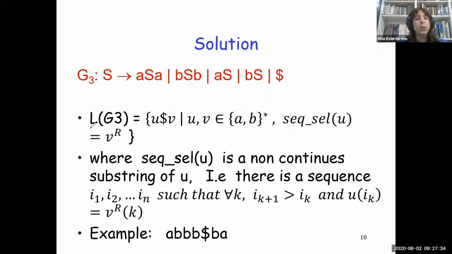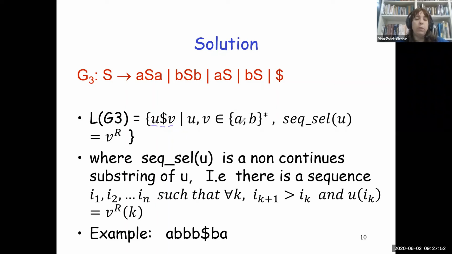So I'm talking about the language of G3 to be some prefix U, dollar sign, some suffix V, where prefix and suffix are defined as words in alphabet {A, B}.